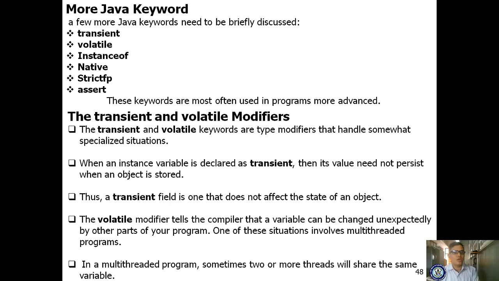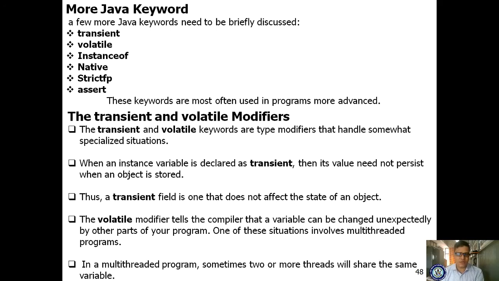So if you declare the variable with transient, it doesn't persist when the object is stored. That means this value doesn't store previous values when the object is stored.